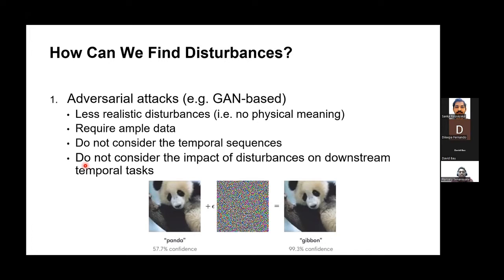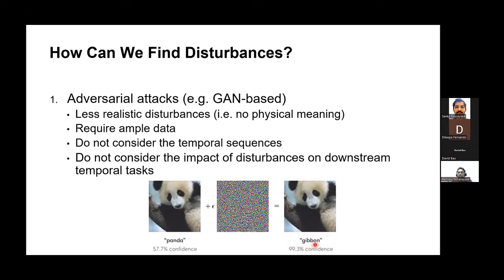And most of these adversarial attacks do not consider the temporal nature that is inherent to some of these autonomous vehicle applications. Just to show a common, very popular example, say you have a panda, and if you add some noise, the classifier classifies it as a gibbon.